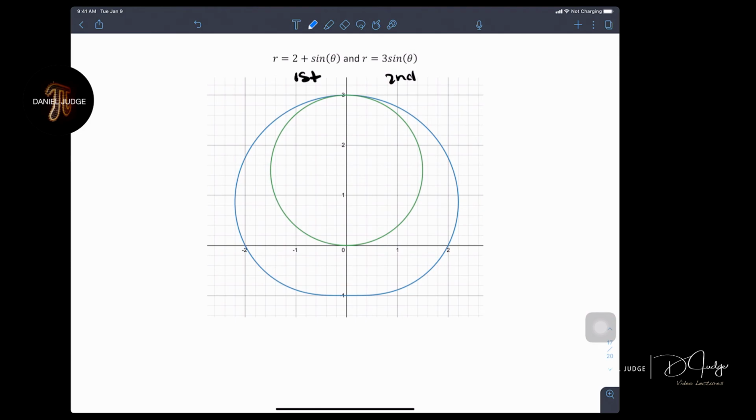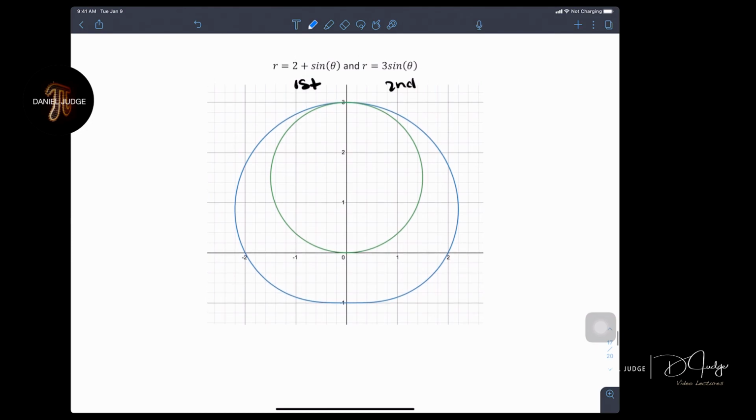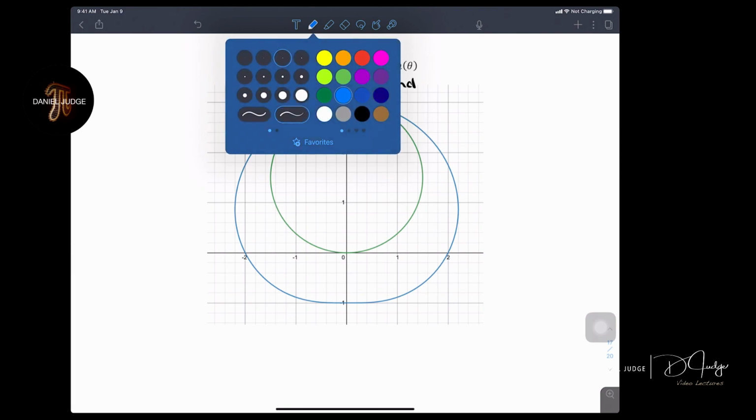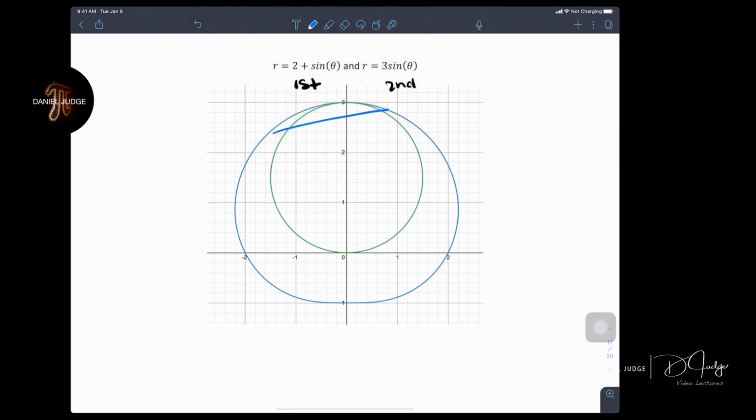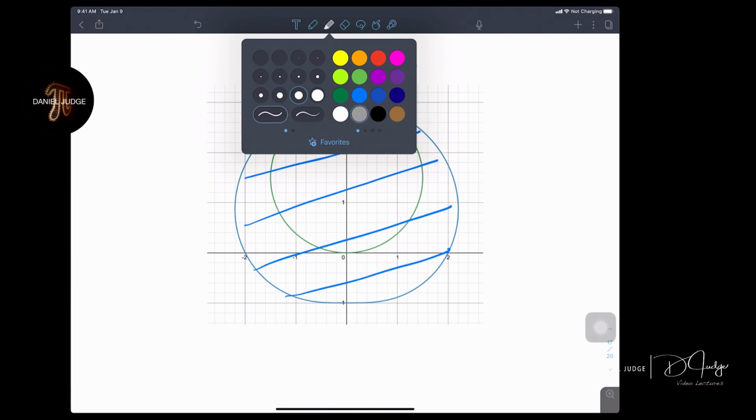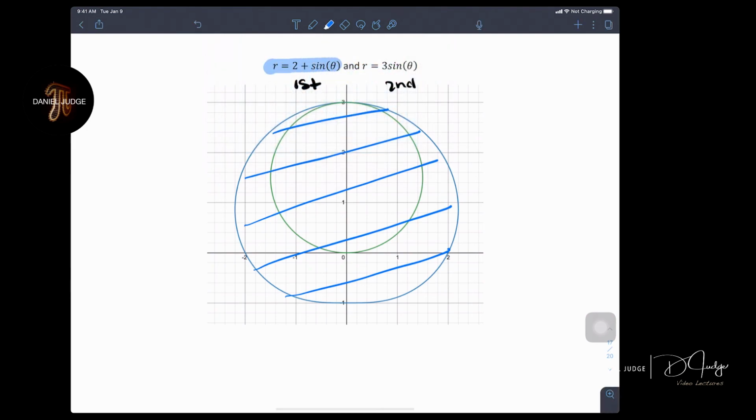Let's try this again. Area equals 2 plus sine theta. Well, let's see. First curve: area inside the first curve. And the first curve is in blue. So there's my first curve, 2 plus sine theta.